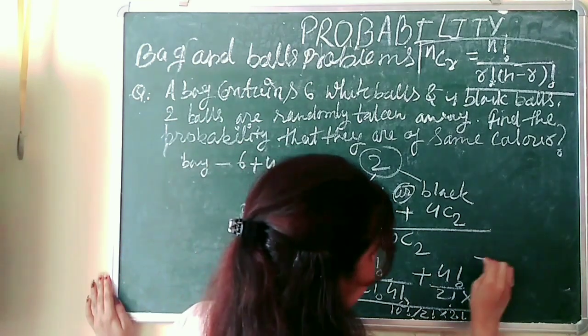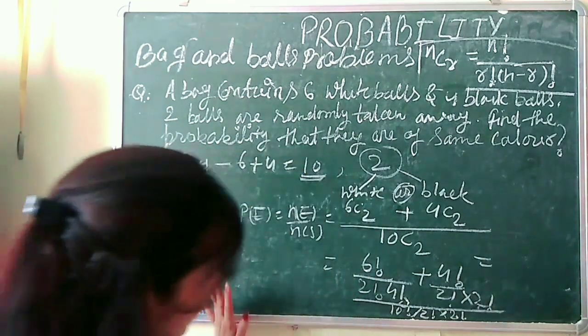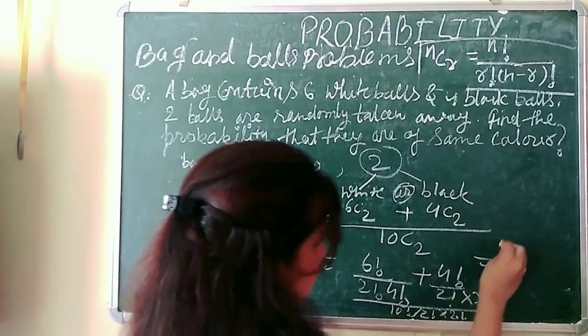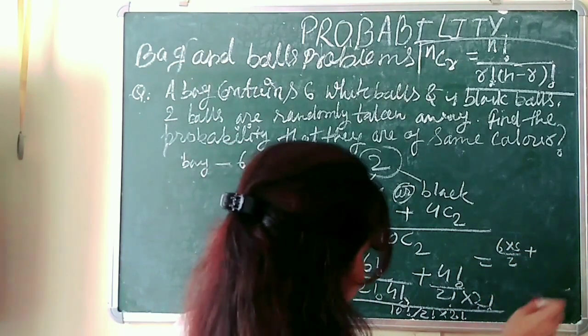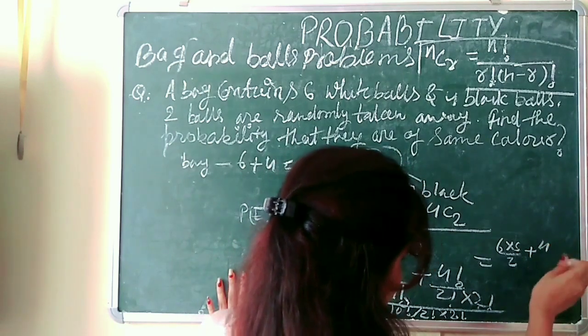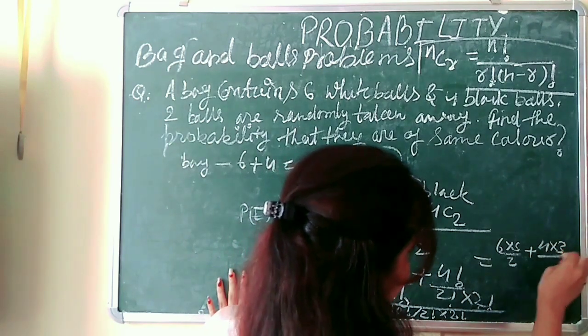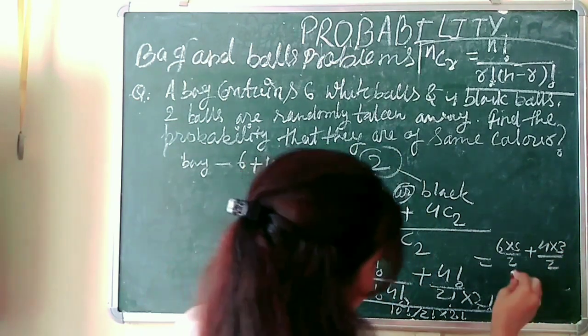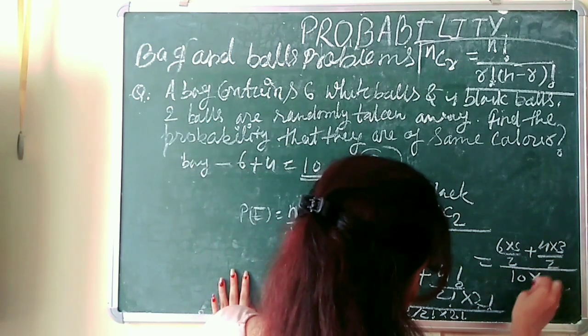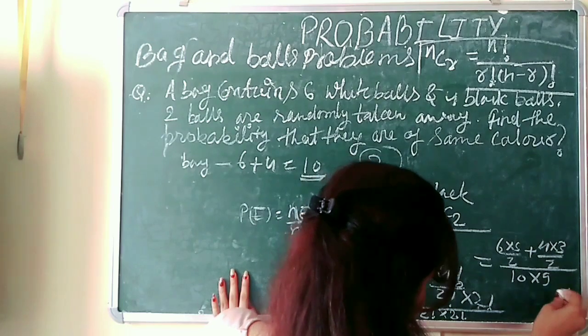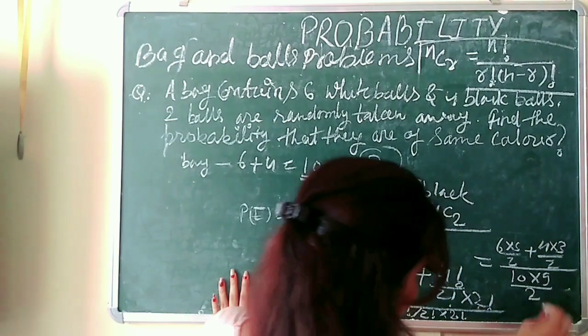If we solve this, we will get 6 cross 5 into 2 plus 4 cross 3 into 2, upon 10 cross 9 upon 2.